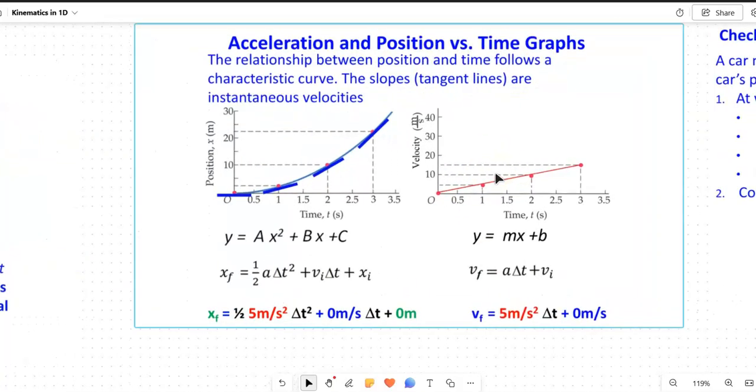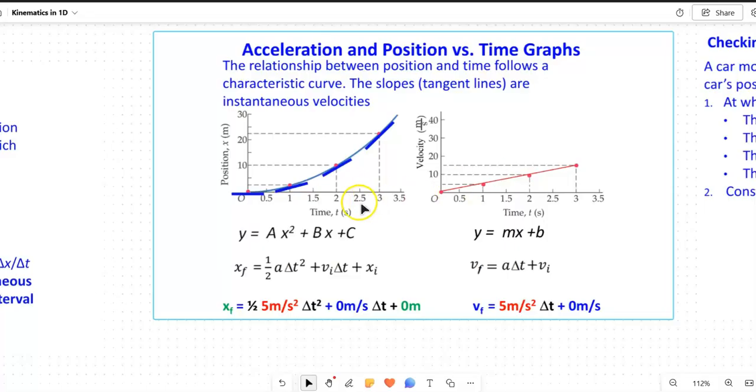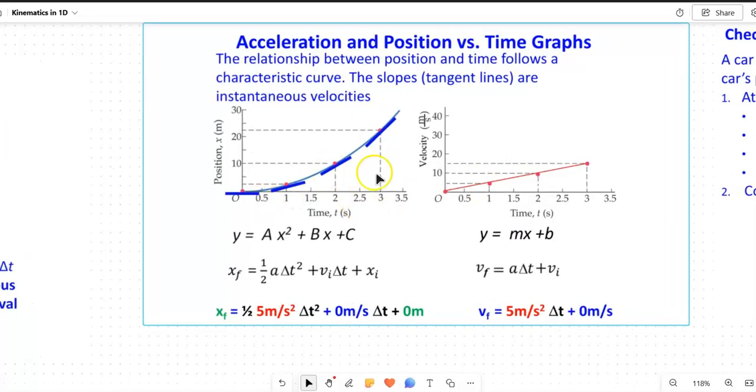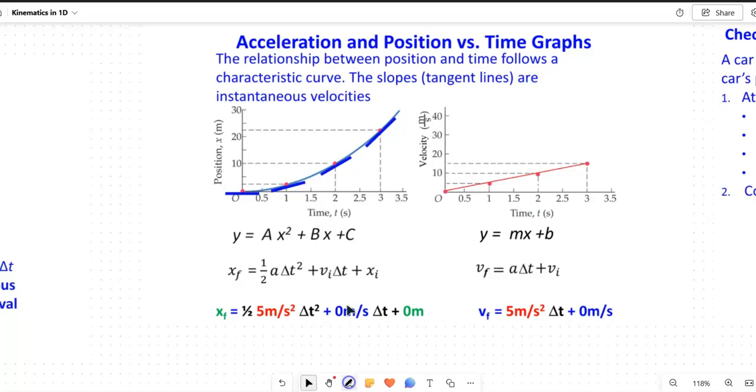Now, let's interpret the velocity versus time graph. It looks like the object starts out at 0 meters per second, and across 3 seconds, it's going to have a final velocity of positive 15 meters per second. Let me write that right here.